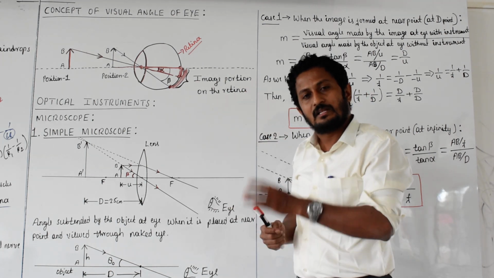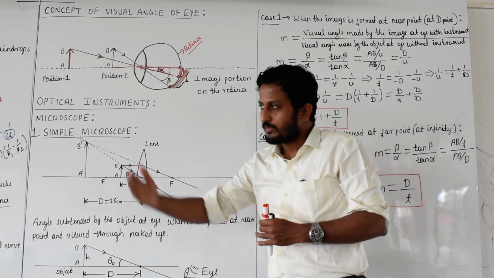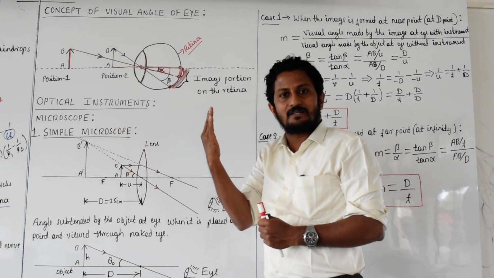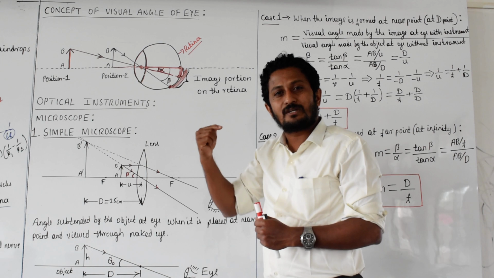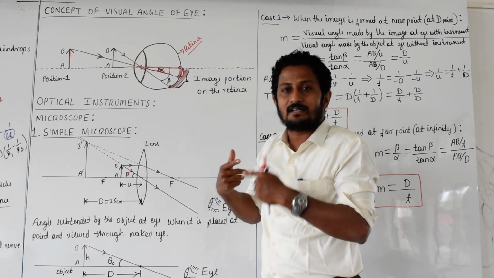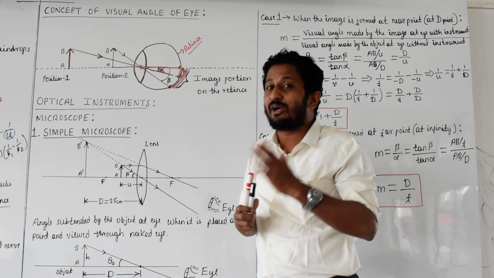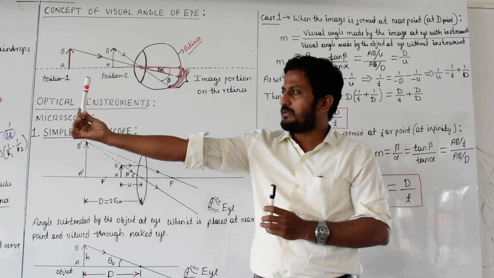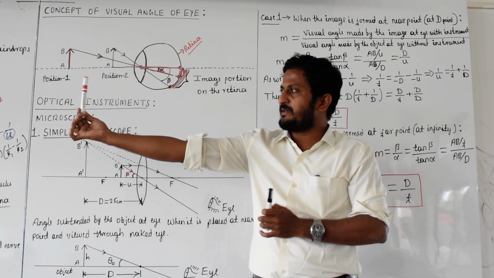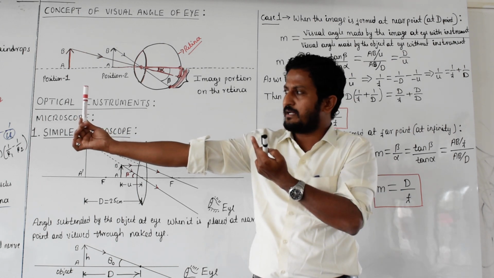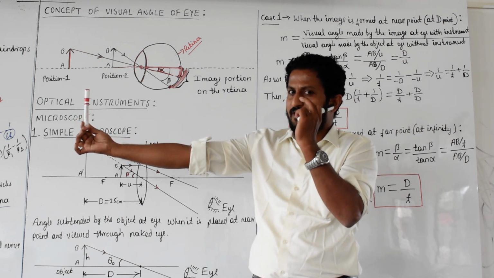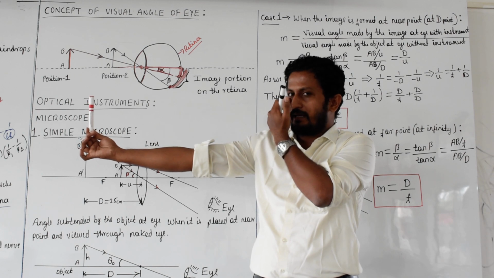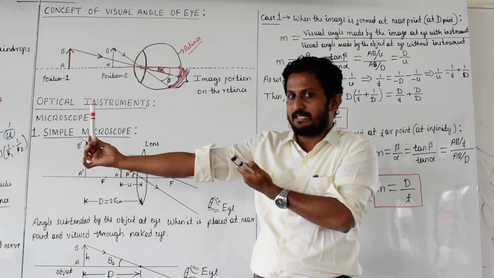Have you understood? Then one more thing we should know. As the object comes closer to the eye, that visual angle keeps increasing. When the object is too far, its image is formed on my retina, and that portion of the image makes some angle at my eye lens.